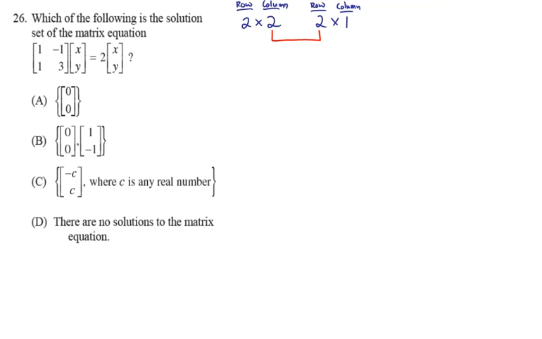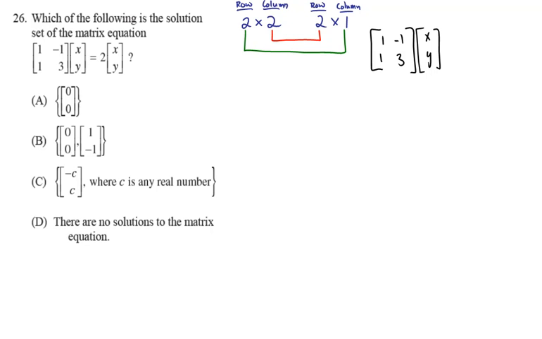But if they are the same, the resulting matrix will have the dimensions given by the row of the left side matrix and the column of the right side. So in order to perform matrix multiplication, the column of the left side and the row of the right side have to be the same. The resulting matrix, if they are the same, will be the row of the left side and the column of the right side. So let's see what that looks like.